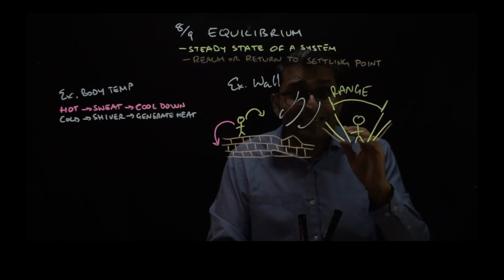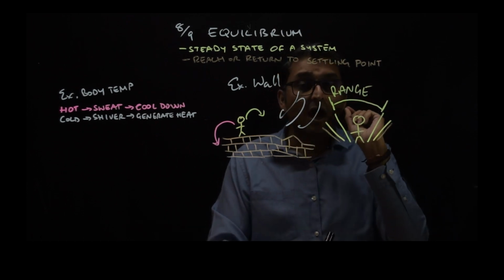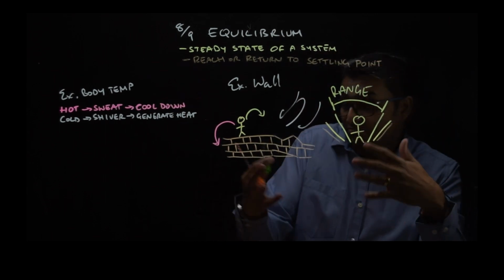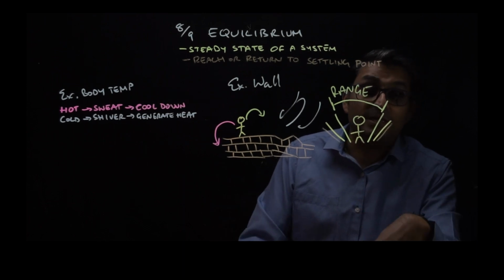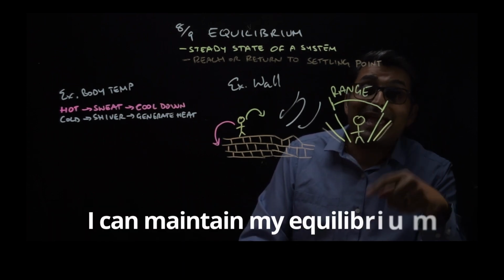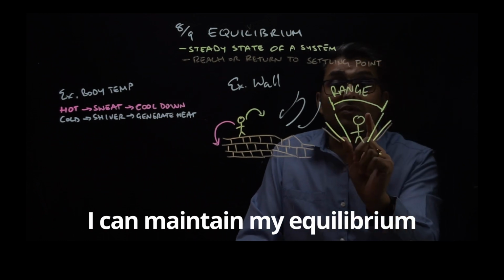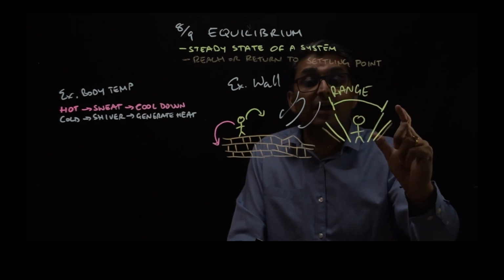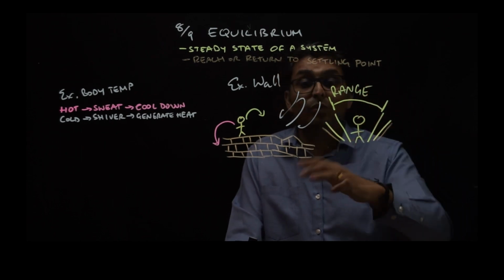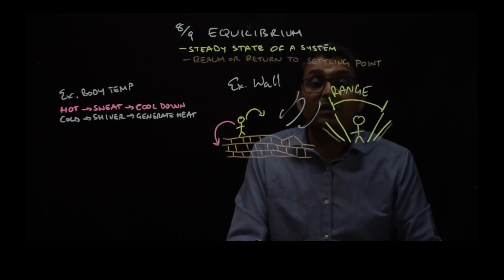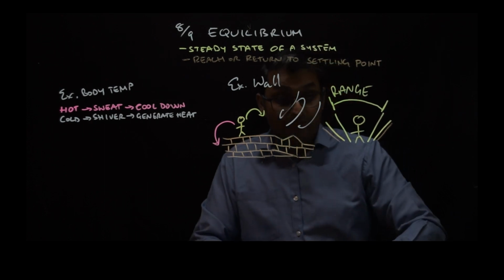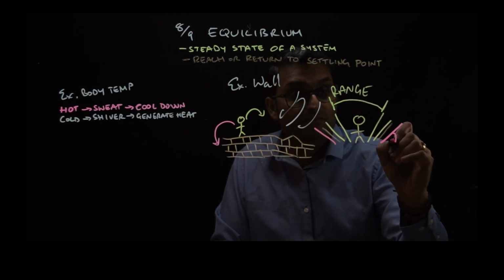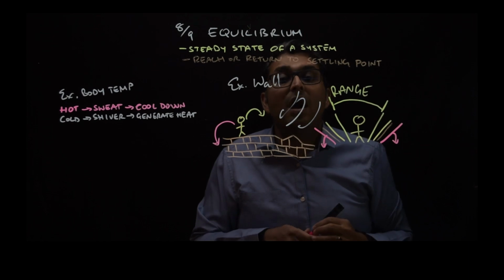And as long as I can keep within this range, I can maintain my comfortable running speed and just being able to run comfortably, irrespective of speed. I can maintain my equilibrium. Outside of this range, I will be imbalanced. And if I keep on leaning further, then I will fall, which means the system will fail. So if I keep on going further, then I'm going to get to this point, which means I fall.